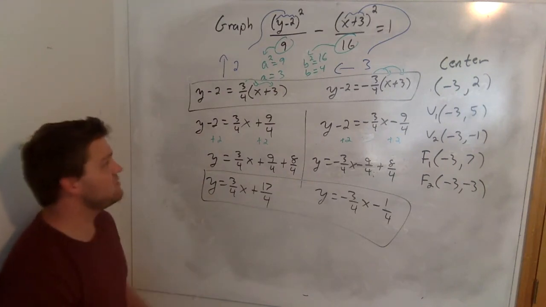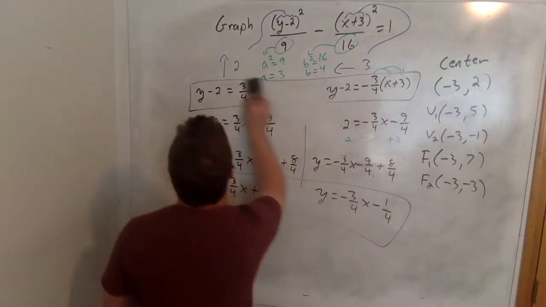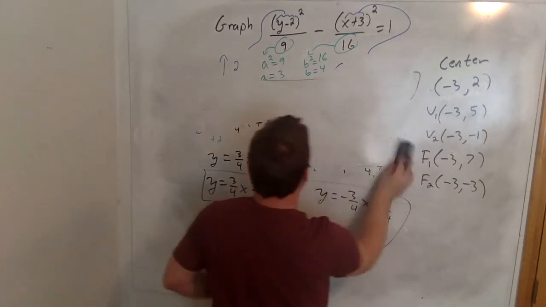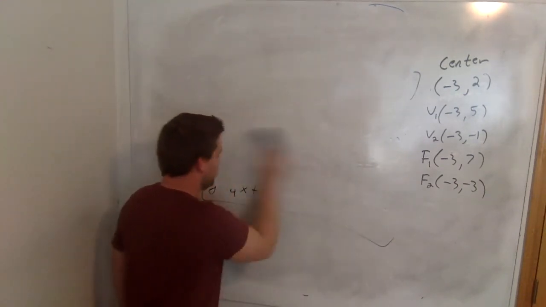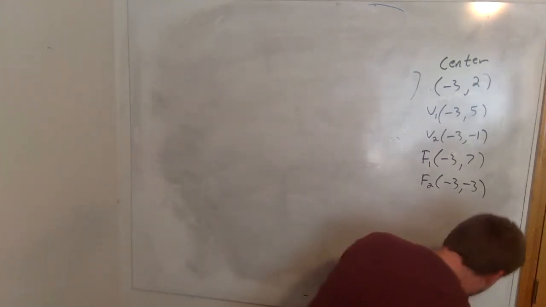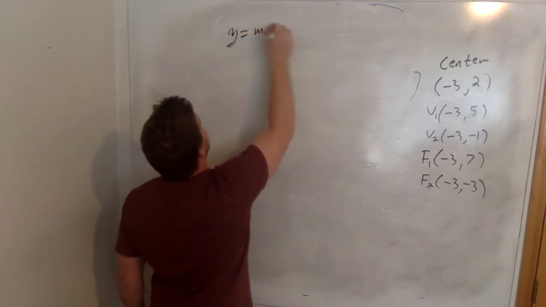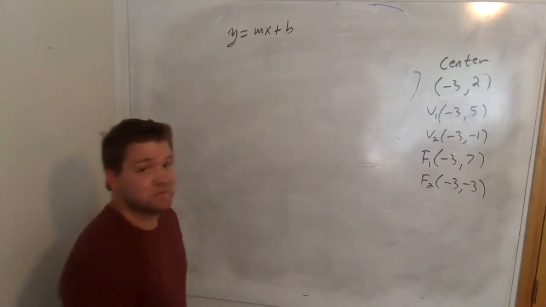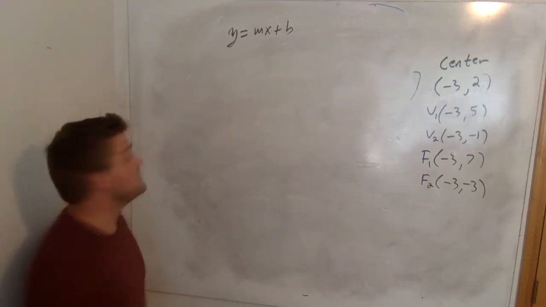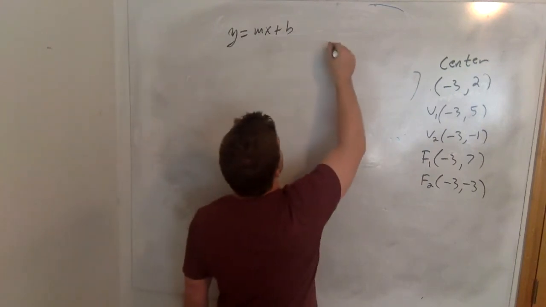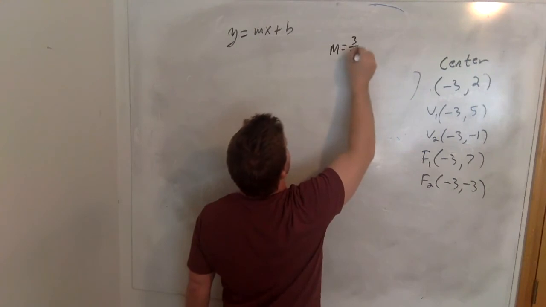Okay, just a quick tip on maybe a different way you could have done this problem. So, we know the general equation of a line is y equals mx plus b. Maybe I'll just do this for the positive version. Maybe you could take a look and try it for the negative one. But we knew the slope, at least for the positive version, was 3/4.